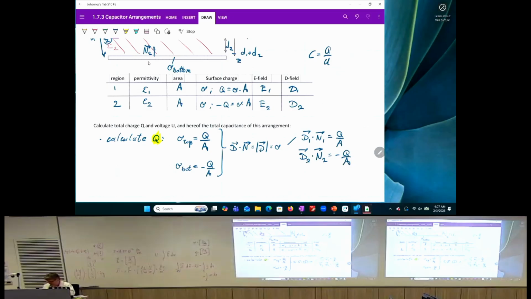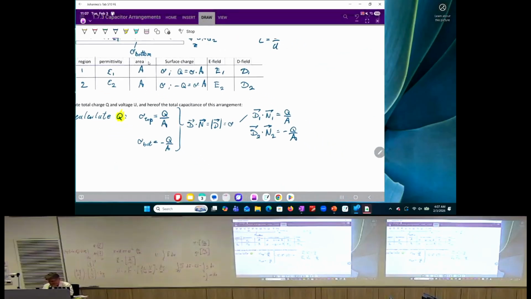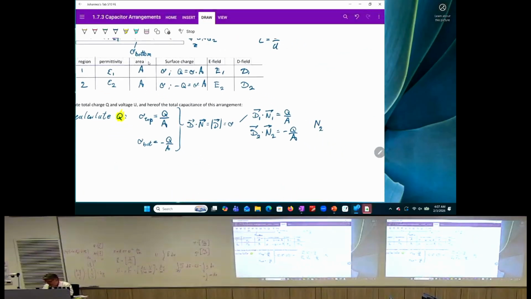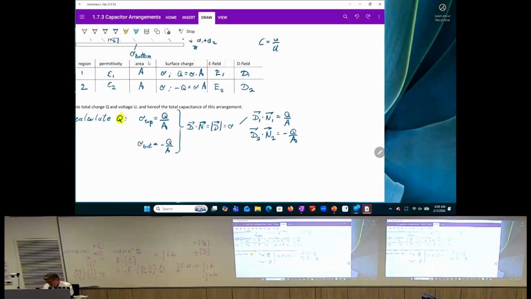But then you also have to consider that n2 is oriented in the opposing direction to n1. So our n2 is minus n1. They are otherwise both oriented in z direction.